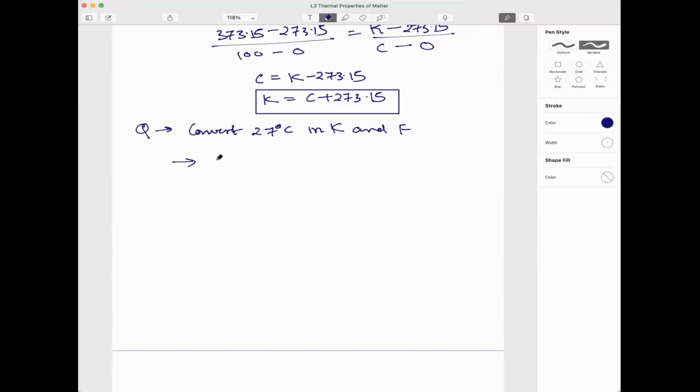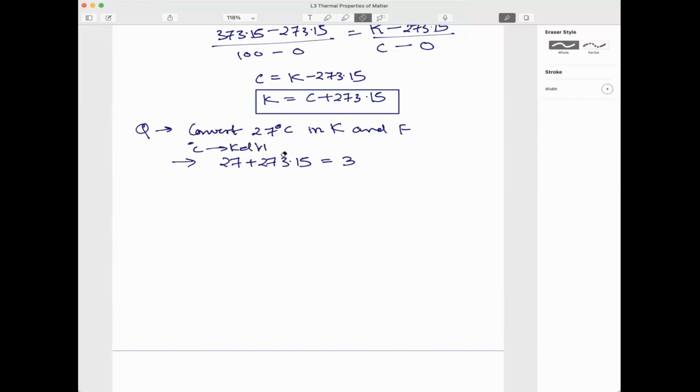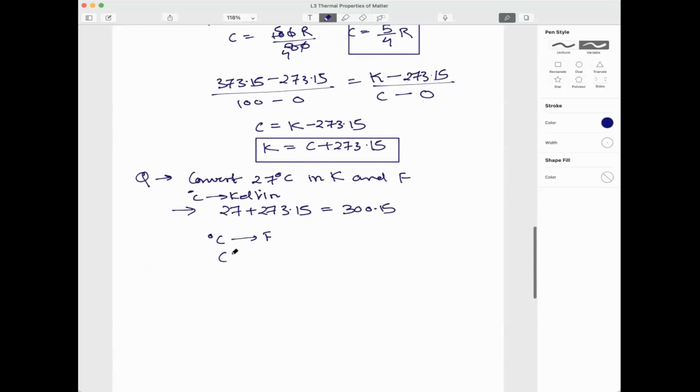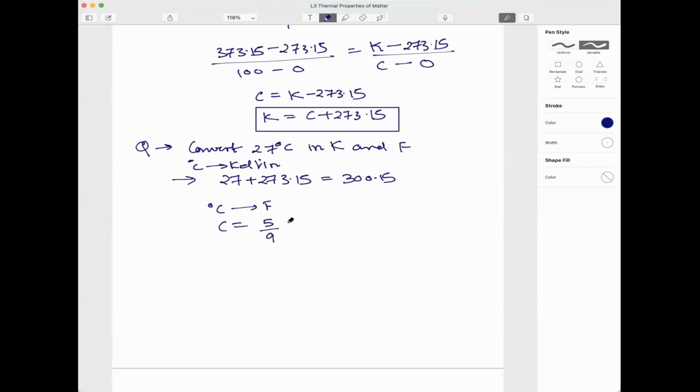So Kelvin is 27 plus 273.15. So for degree centigrade to Kelvin, 27 plus 273.15 is 300.15. Now for degree centigrade to Fahrenheit, we have C is equal to 5 by 9 into (F minus 32).